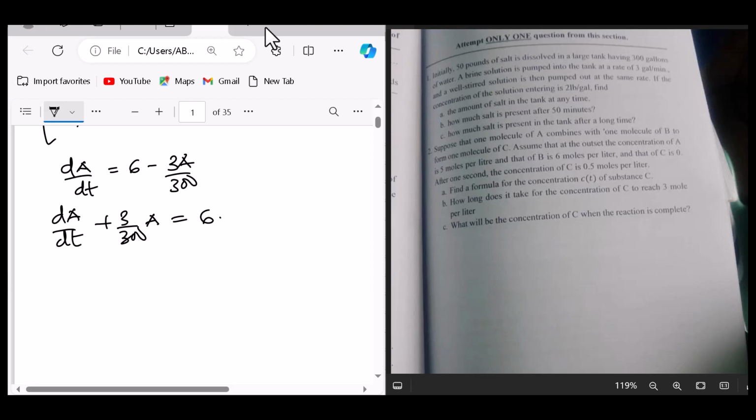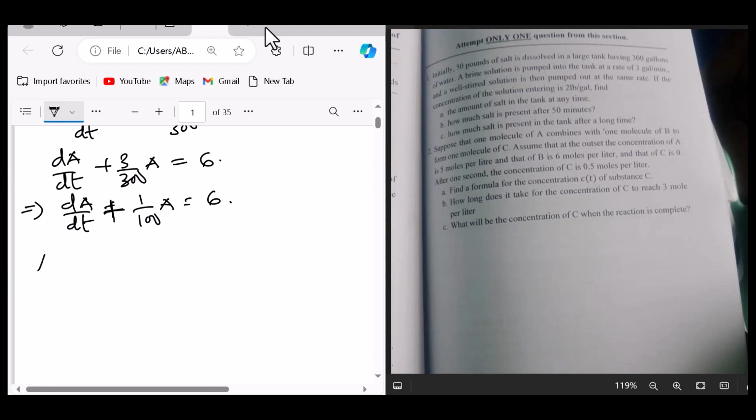In fact we can reduce this to dA/dt plus 1 over 100 A equals 6, which we can solve using an integrating factor. So our integrating factor mu of t is e to the power of the integral of p of t, which is 1 over 100 dt, and then just e to the power 1 over 100 t.